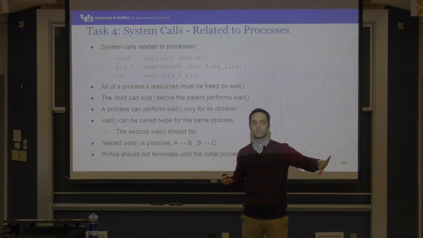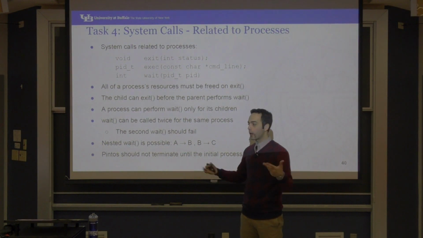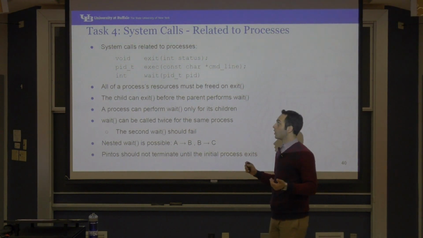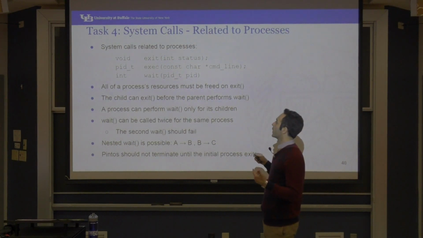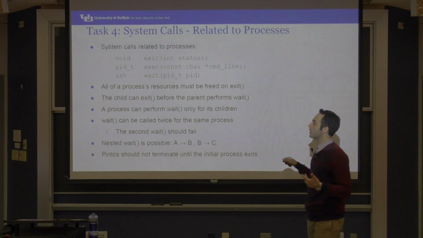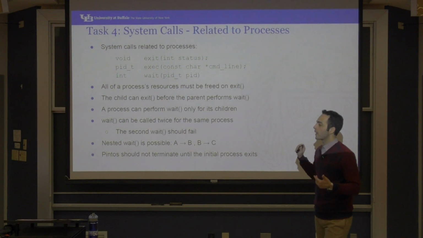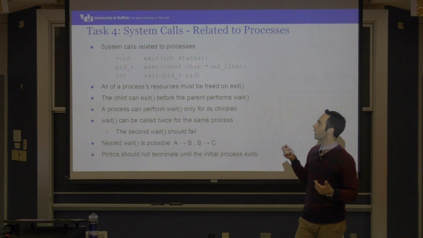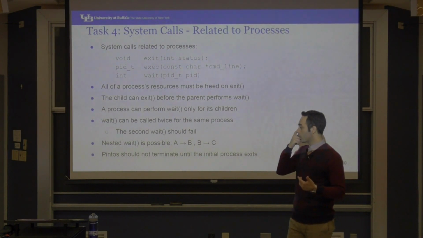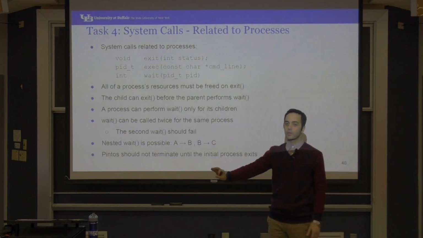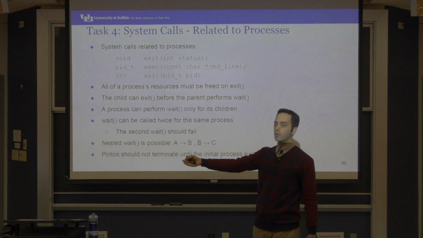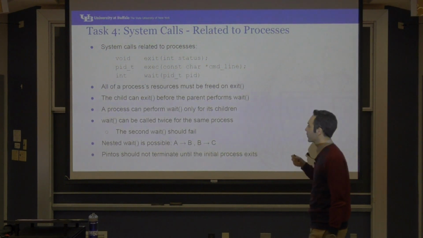But if you now free everything here, then there's nothing to access. So there should be a separate structure somewhere so that both child and parent can access it, and you can save the status there as the kernel, so when the child gets wiped out, that status is still there later on if the parent wants to access it.